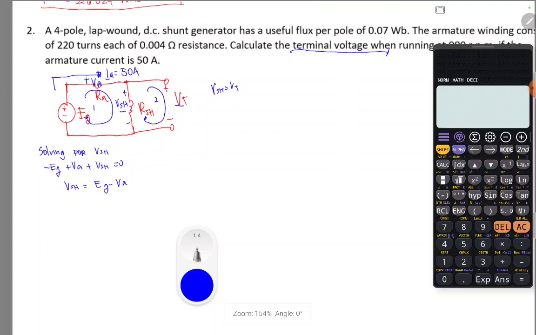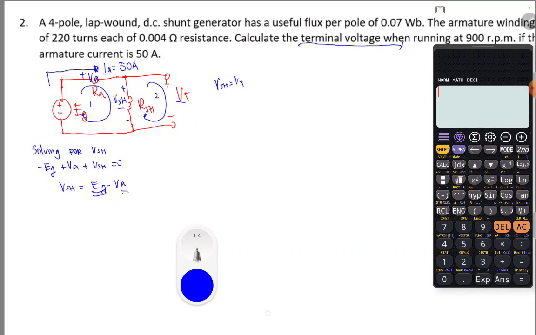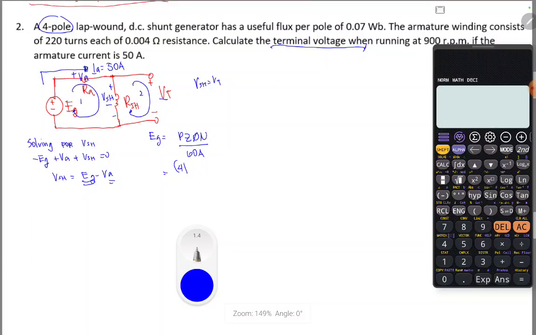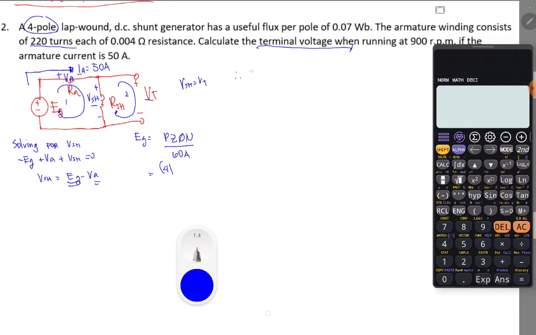Now in the problem, we can immediately solve for our EG and for our VA. Why? Because our EG is just equal to P Z phi N over 60A. From here, we have our P, which is equal to 4 poles. Next, our Z: there are no conductors given, but there are 220 turns. Take note that for the armature winding we have 2 conductors per turn, always.